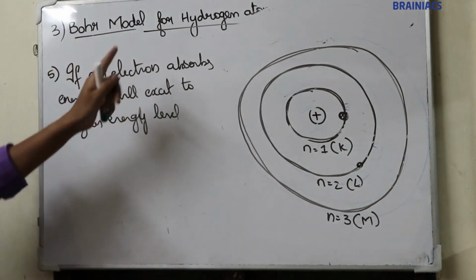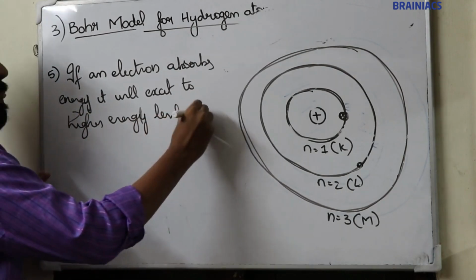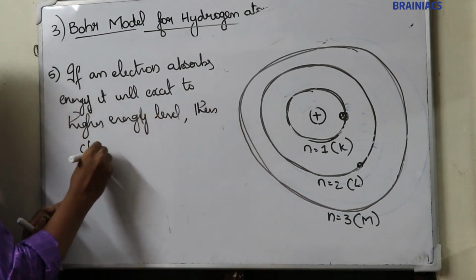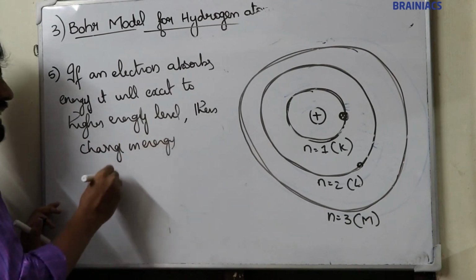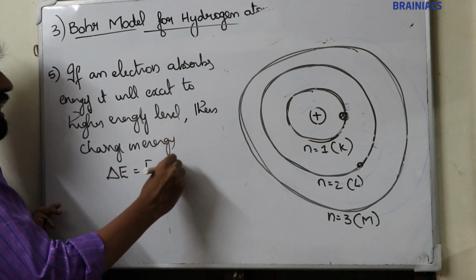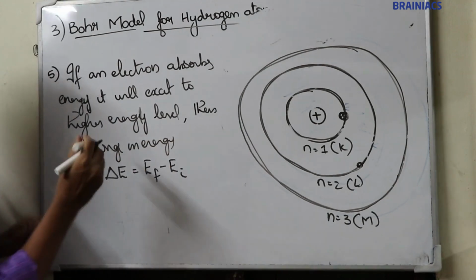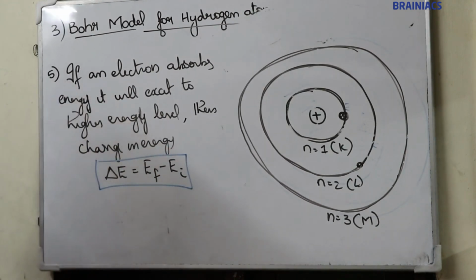If an electron absorbs energy, it will excite to a higher energy level. Then the change in energy, delta E, is equal to EF minus EI. Final energy minus initial energy, EF minus EI. Delta E is equal to EF minus EI.